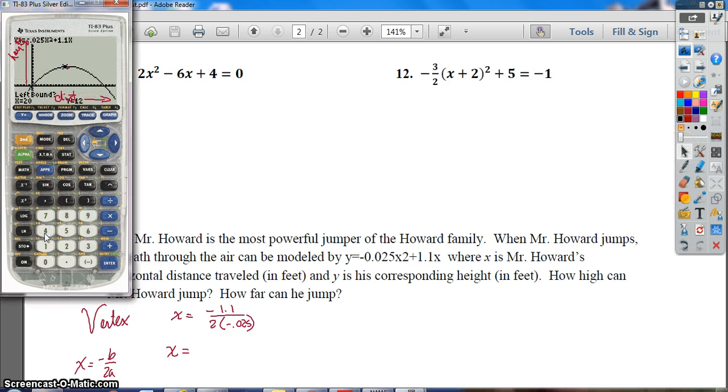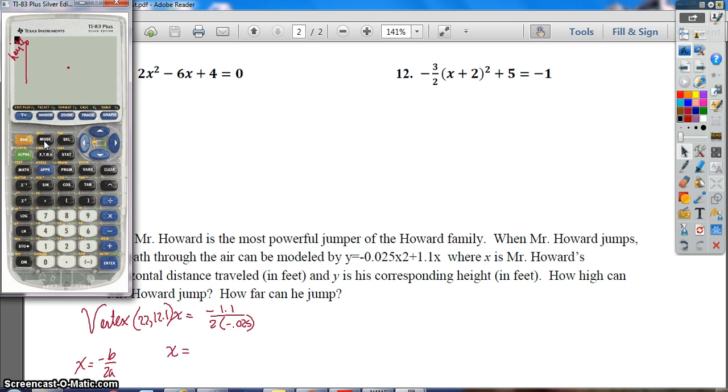I want the maximum on my left side, bam. Get on this right side. There you go. So it appears to have a vertex located at 22, 12.1.